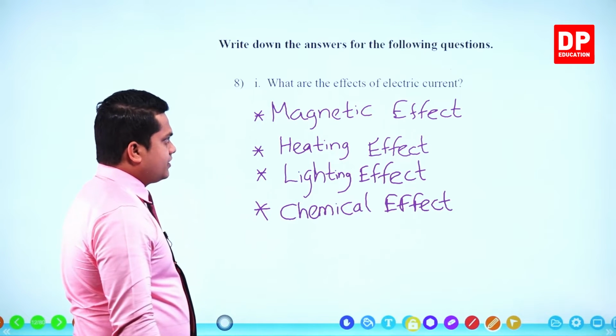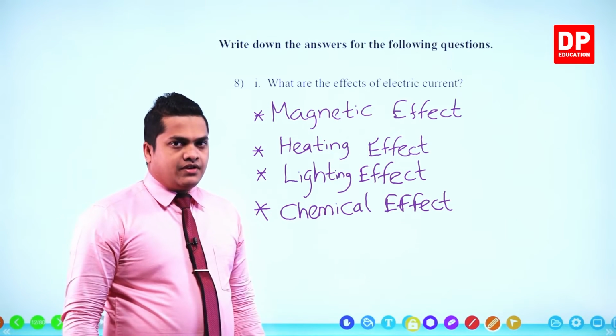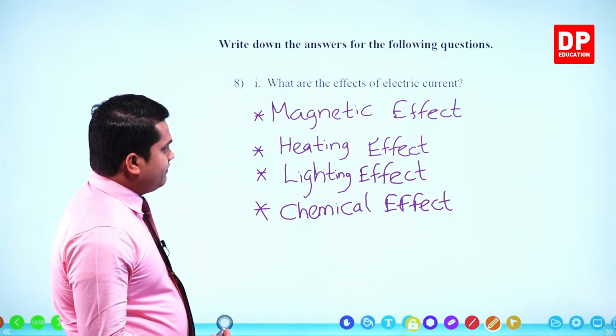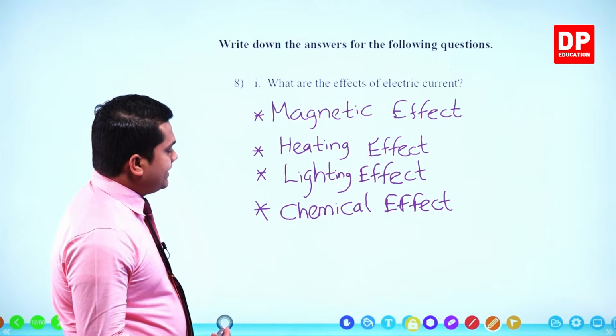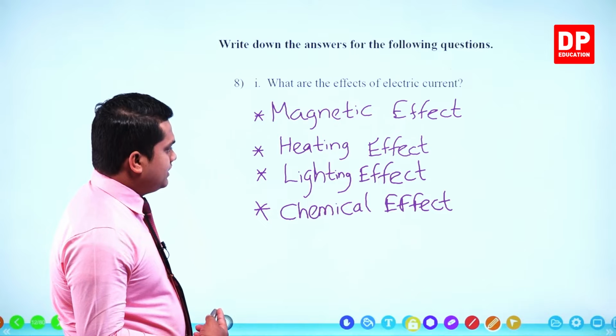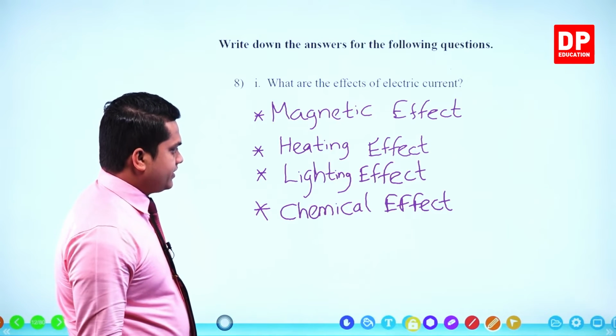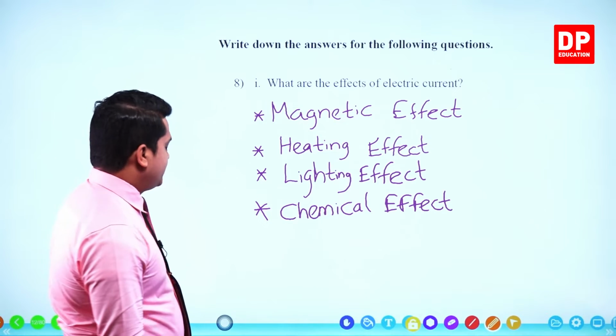So these are the four types of effects given out by the electric current: magnetic effect, heating effect, lighting effect, chemical effect.